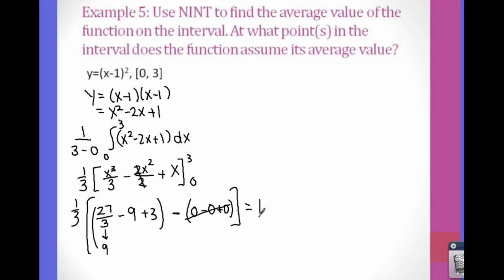So what this says then is, let's go back and use NINT. Let's confirm that my 1 is correct. So take out your calculators, hit math, hit 9. Type in x minus 1 squared, put a dx, and make sure you put your bounds as 0 to 3.